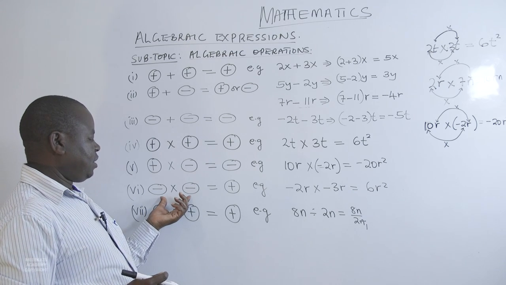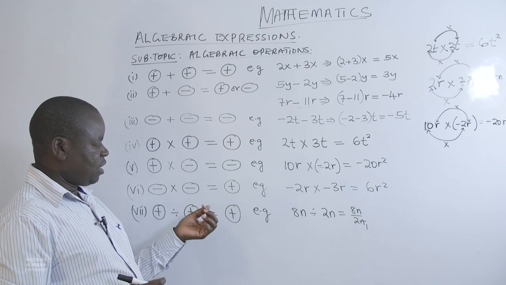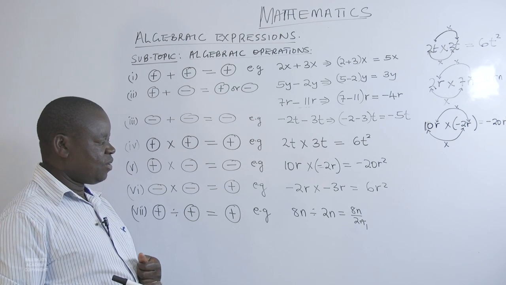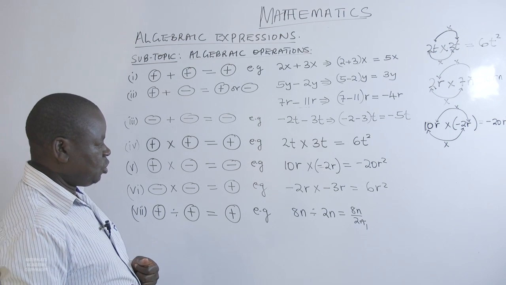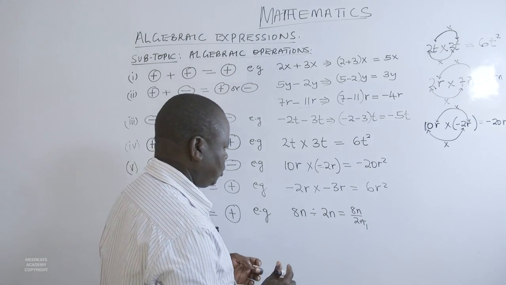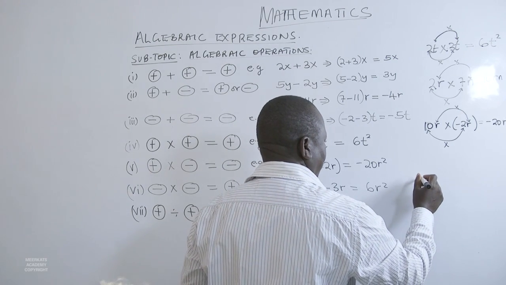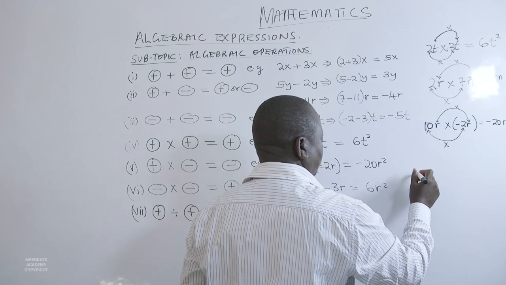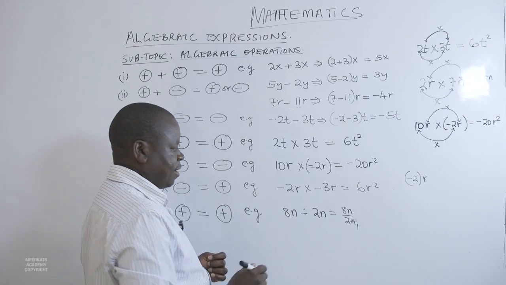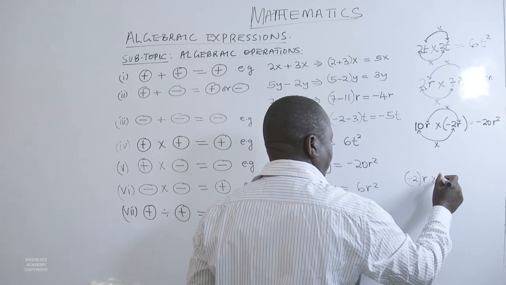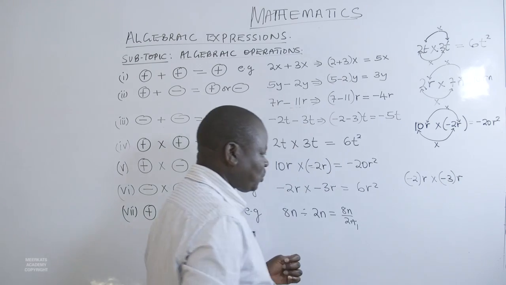We have here negative times negative, and we have said the answer is positive. Likewise here, we do this. We have negative 2 multiplied by r, and we have negative 3 multiplied by r.